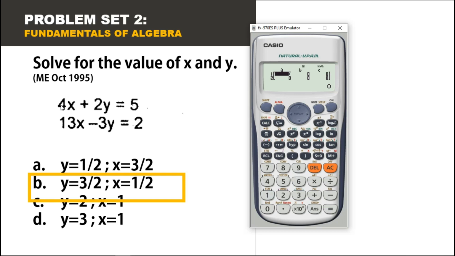For the first equation, we have 4 as the coefficient of x, 2 for y, and the constant is 5. For the second equation, you have 13 as the coefficient of x, negative 3 as the coefficient of y, and 2 as the constant. We press equals, and it automatically gives you x and y.